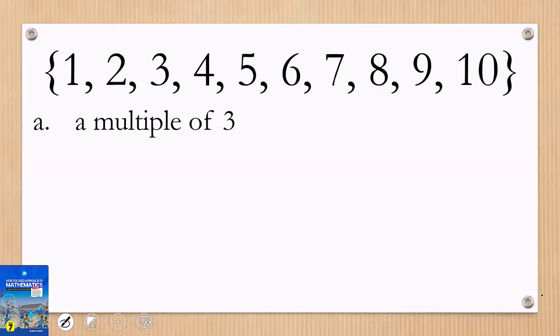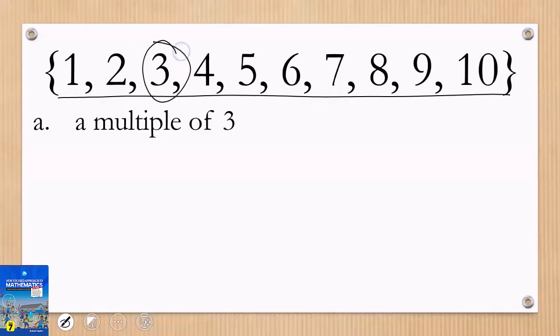If the numbers are 1 up to 10, let's say there are balls in a box labeled 1 to 10, and she is picking. What's the chance that she picks a multiple of 3? That becomes our event. Let me label that event as event A. What are the multiples of 3 in this set?